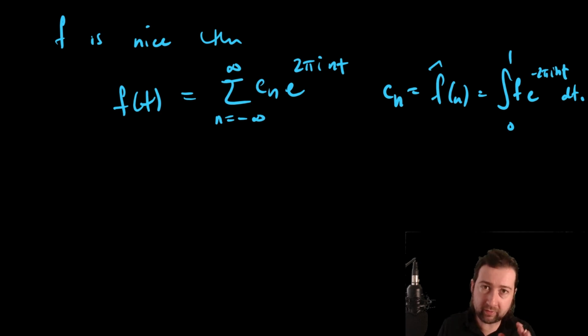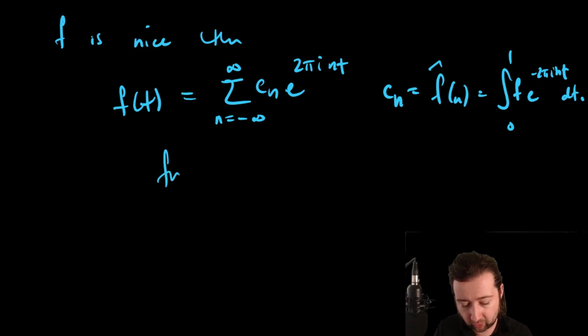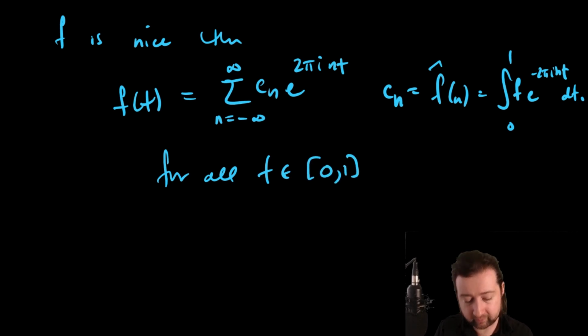Now, once we know that the function is equal to that Fourier series for all t in the interval from 0 to 1, then we can start talking about using the complex exponentials to build up a vector space of functions. So we can recast what we've already done in the language of linear algebra.